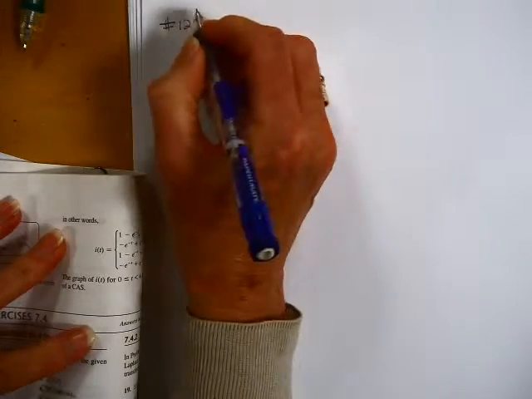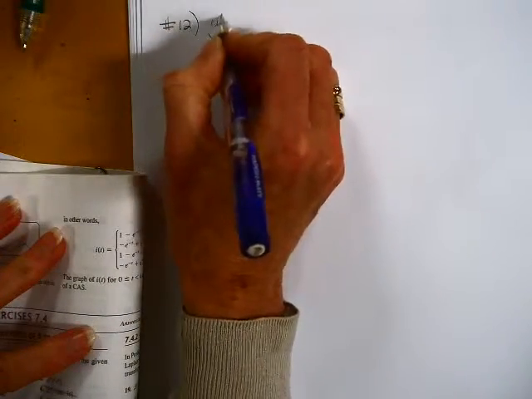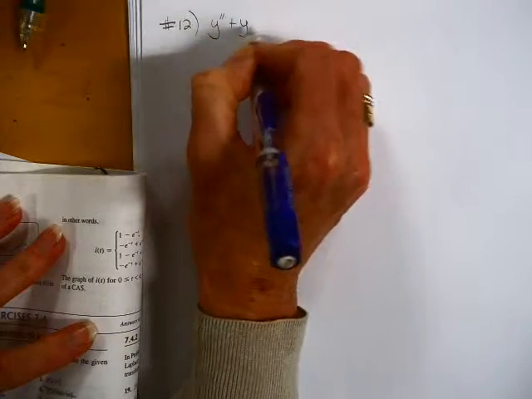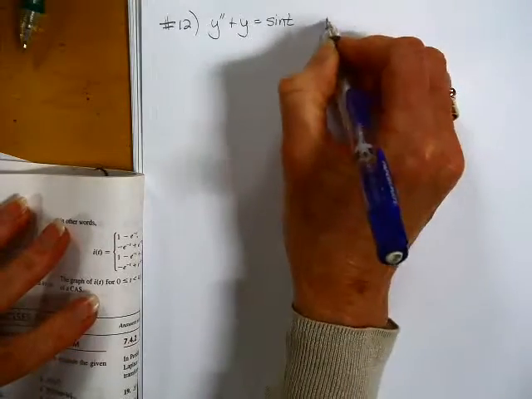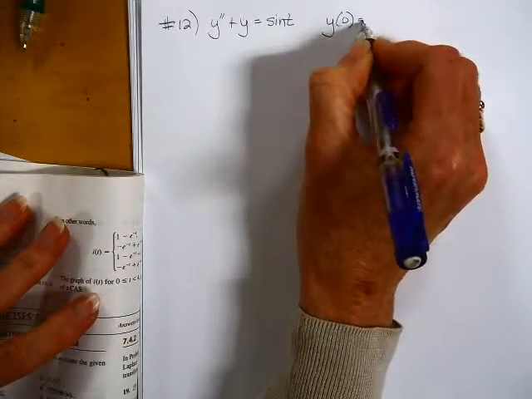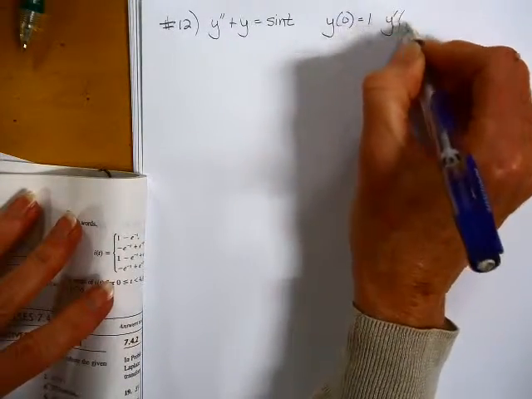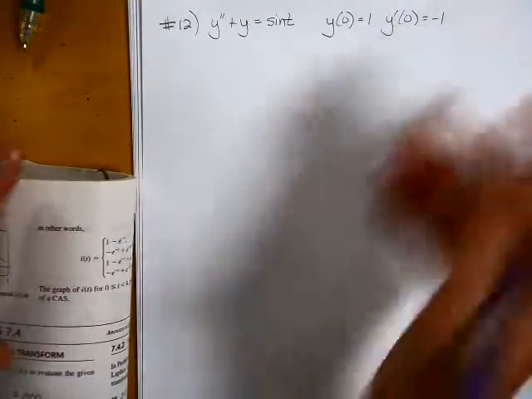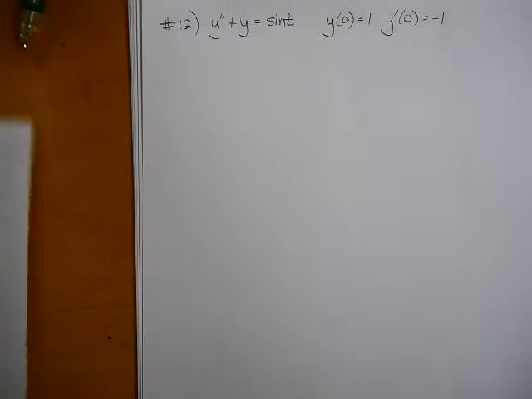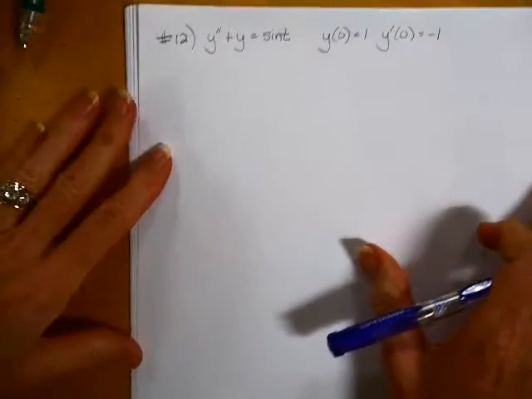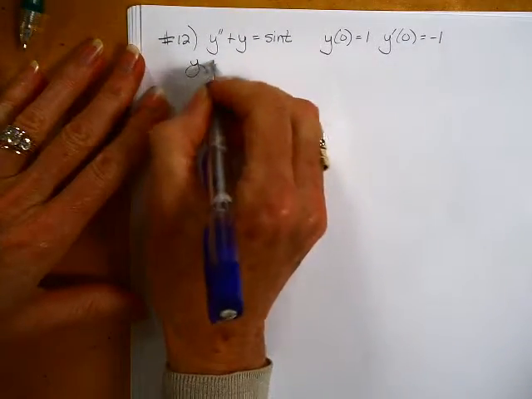Number 12. So y double prime plus y is equal to the sine of t. You know that y of 0 is 1 and y prime of 0 is negative 1. All right, take the Laplace transform of both sides.